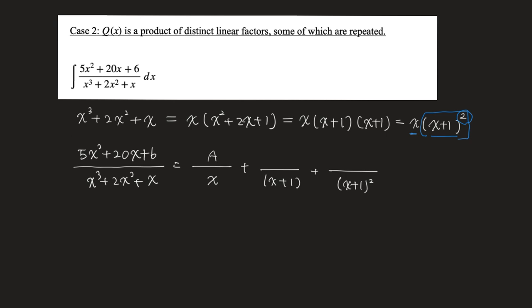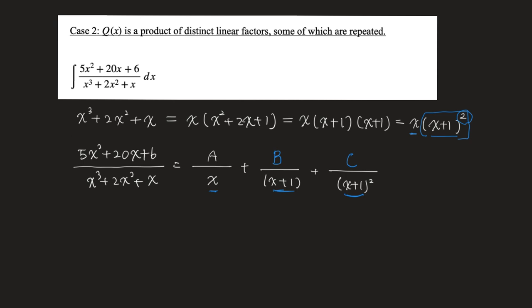Make sure the numerator here is a constant, since it is degree 1: B over (x + 1), and the same thing, C over (x + 1) squared. Multiplicity is not counted in the numerator, only in the denominator. This is degree 1, that's why you put a constant. So you have to be very careful when you have a factor with double multiplicity, guys. Pay attention to this example.